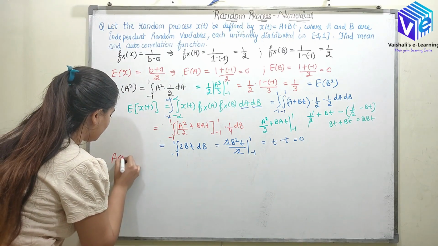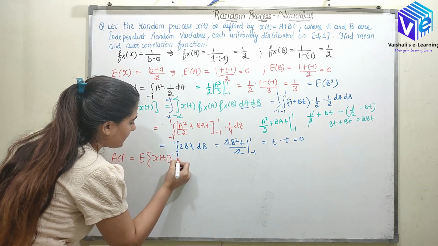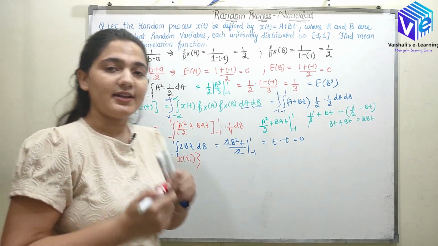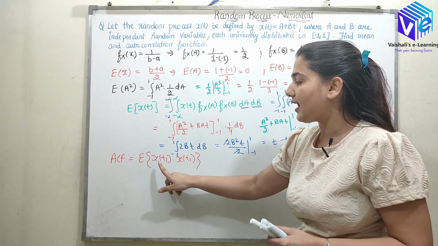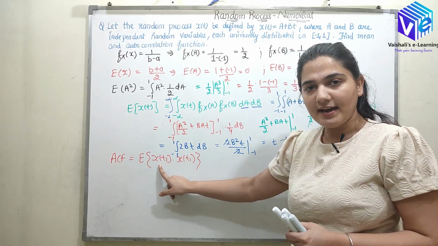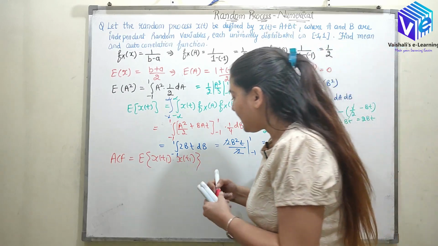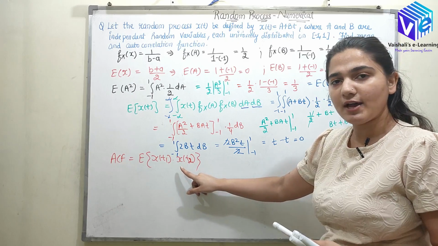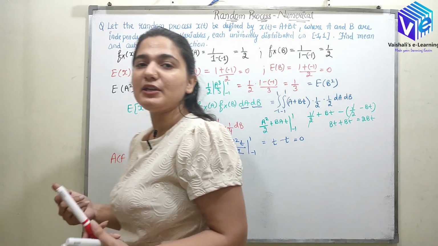It is given as the mean of X(t1) into X(t2). I have already defined it various times, but now again I'll define it. I have X at time t1, the random process at time t1. I'll multiply it with the shifted version of the same random process, X(t2), and then take the mean of it.